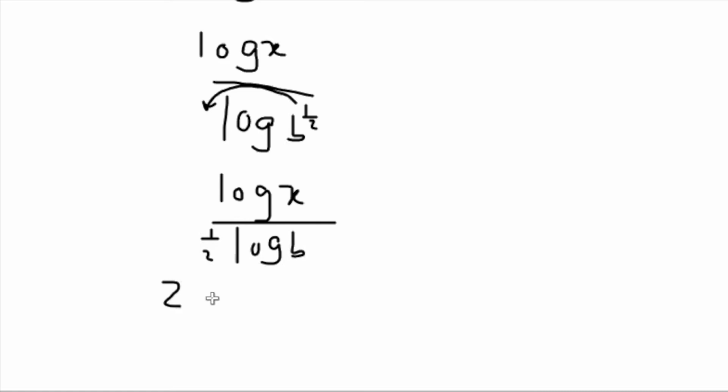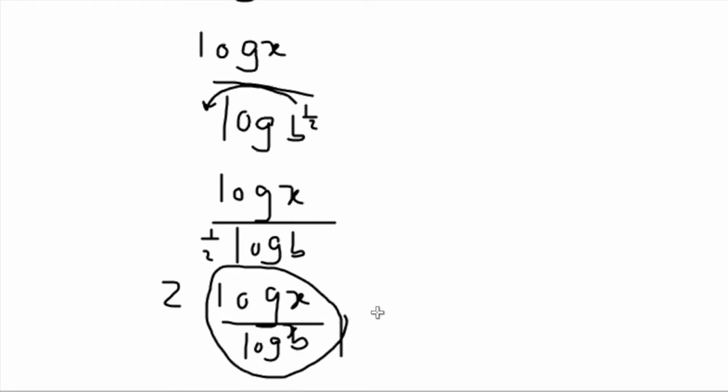Now half in the denominator, what happened? We reciprocate it, so it becomes 2. Once there's a fraction, you reciprocate it, flip it, so it becomes 2 over 1, which is the same thing as 2. So I have 2 log x over log b. Now, log x over log b, I can rewrite it using the change of base formula, going in reverse.